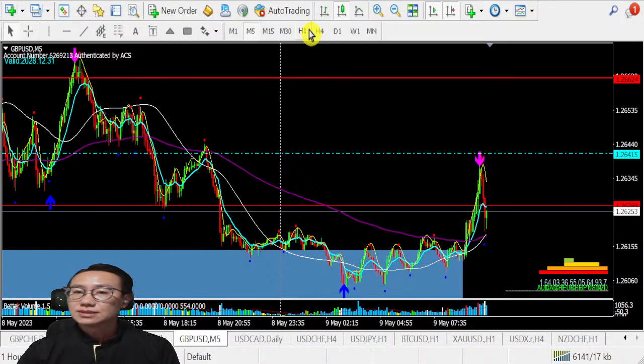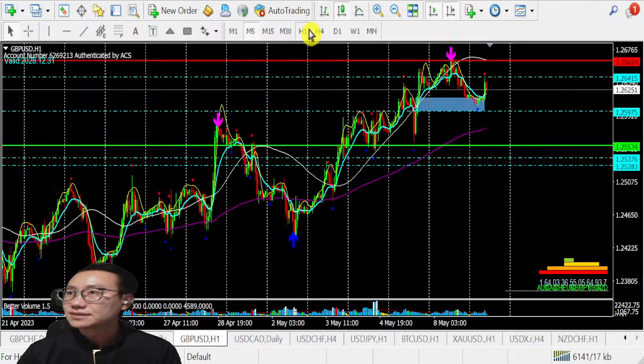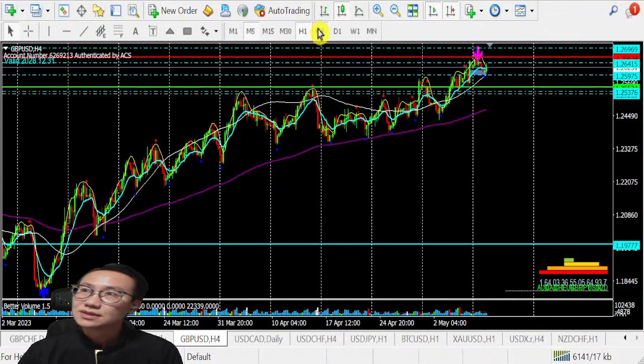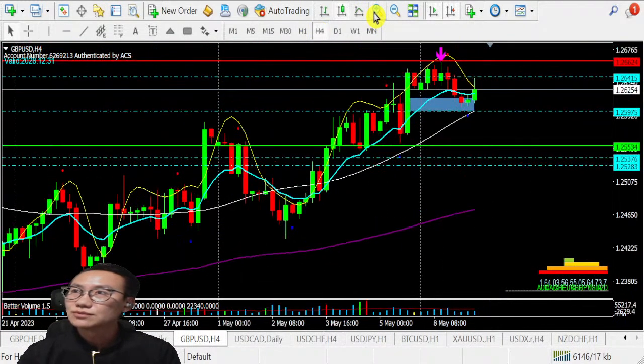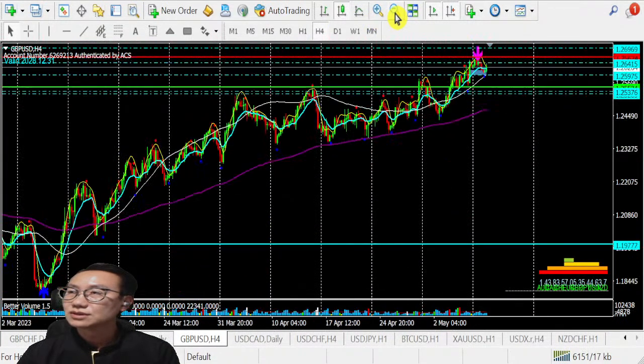This morning when I was looking at this pound dollar, I was looking at whether it has a chance to clear and go to 126 or maybe 127, 126.9 to 127.